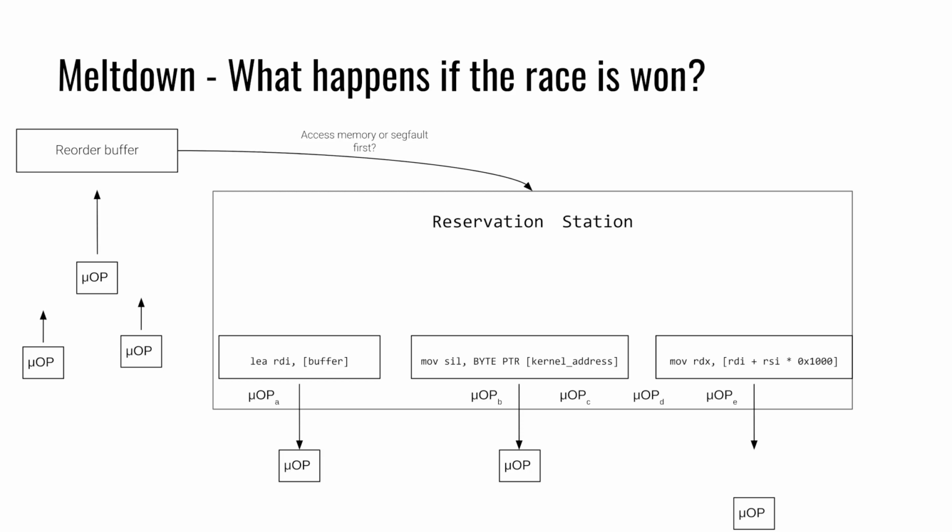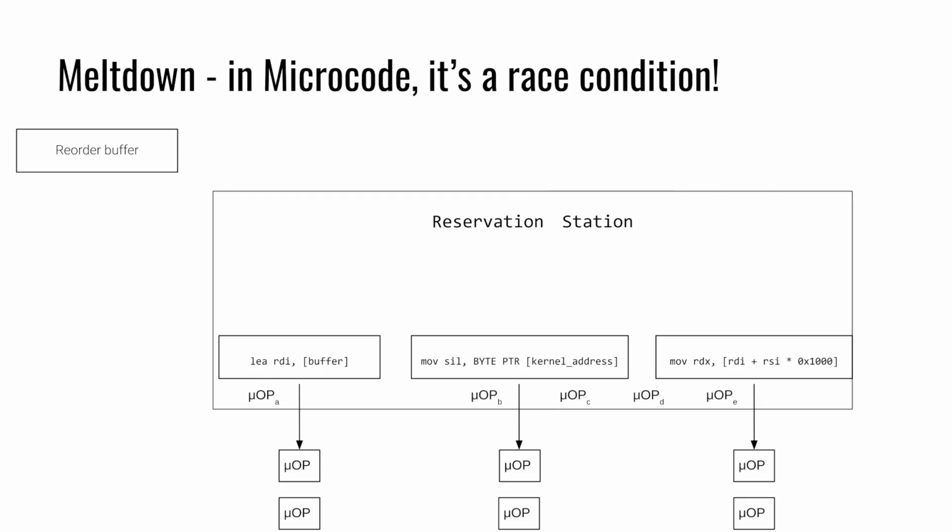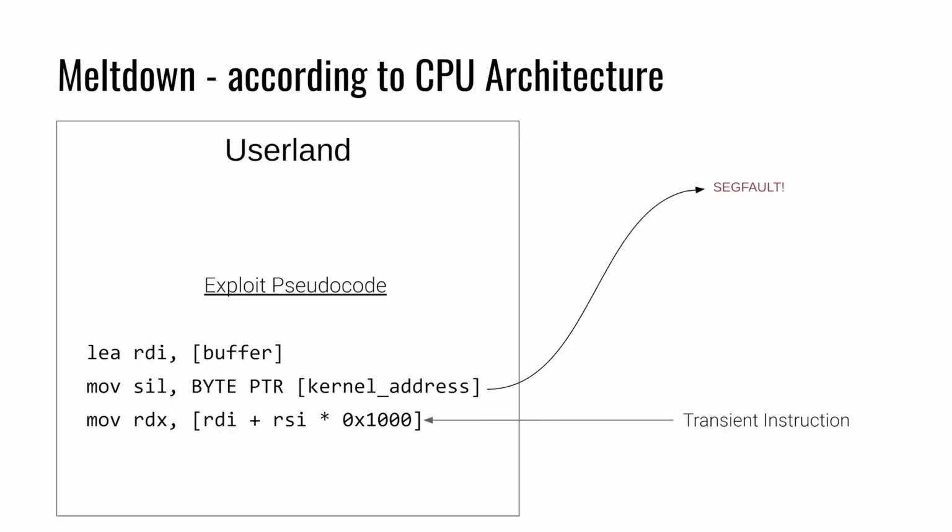So what happens if we win this race? What are we trying to achieve? Depending upon what microcode makes it back to the reorder buffer first, the reorder buffer will determine if we should access this memory or we should segfault first. And this is all within the context of speculation, mind you.